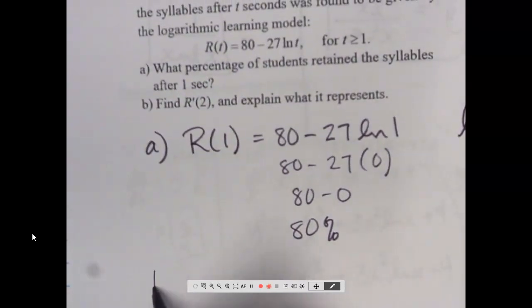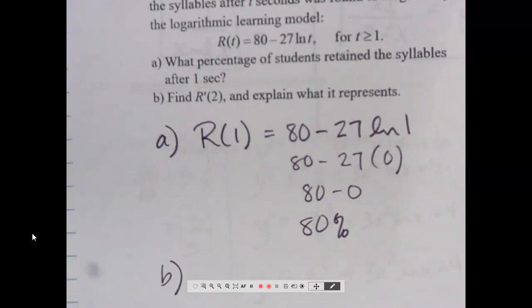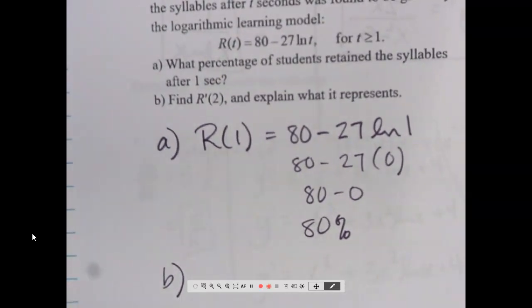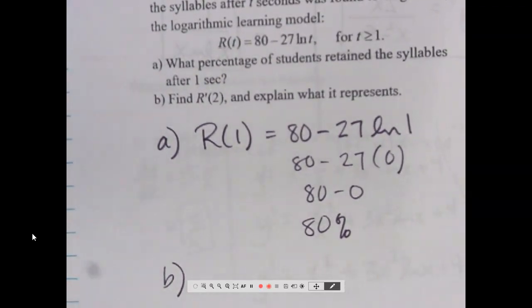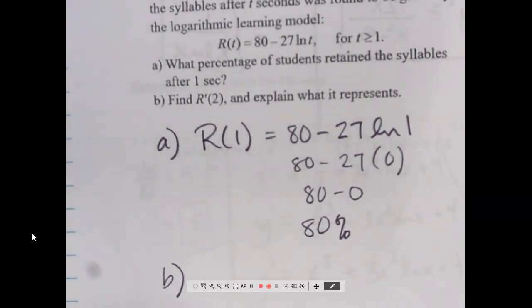Okay, part B. Find R prime of 2 and explain what it represents. What would R prime in general represent? The change in percent. Yeah, the rate that that percent is changing. And we would expect it to be a negative, right? Because your percent that you remember would be decreasing.